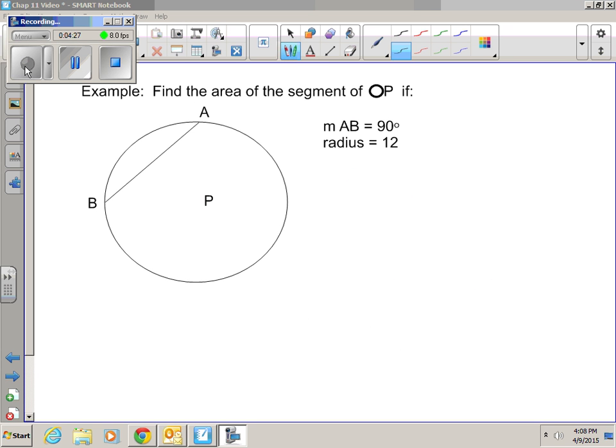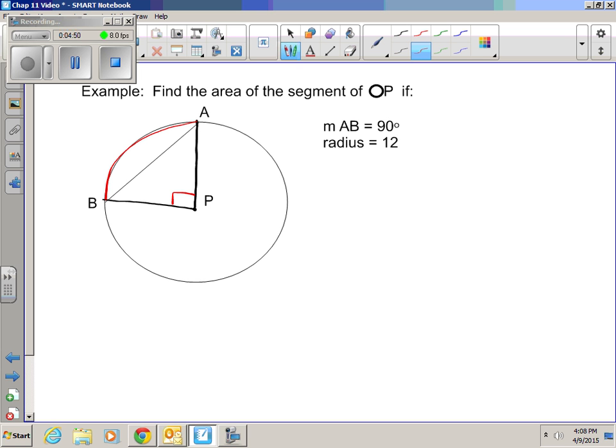Let's do one more here. I've got a segment with point P as its center. First thing I'm going to do is draw in my radii. Okay. I notice that my arc, again, is 90, which means I have a right angle as a central angle.